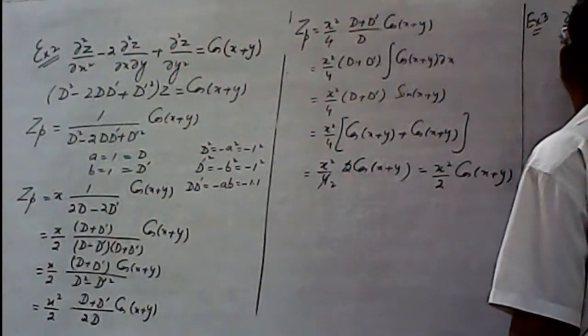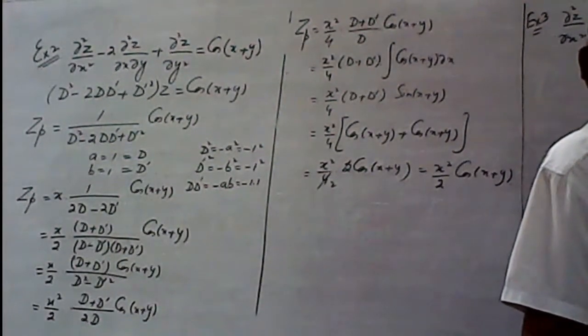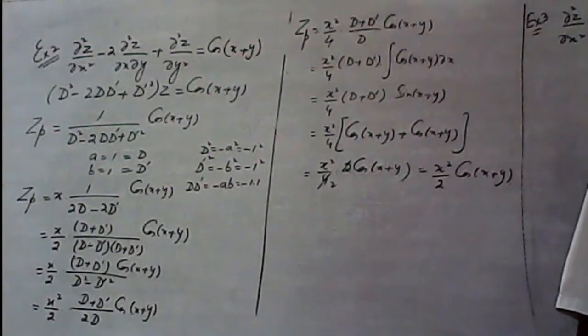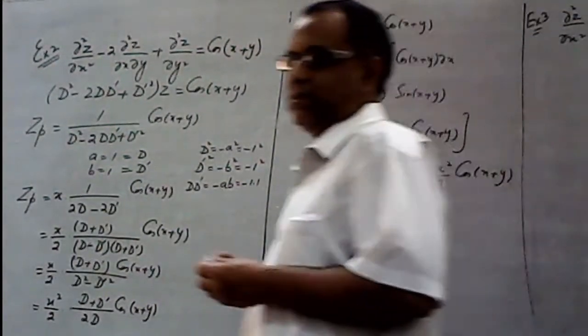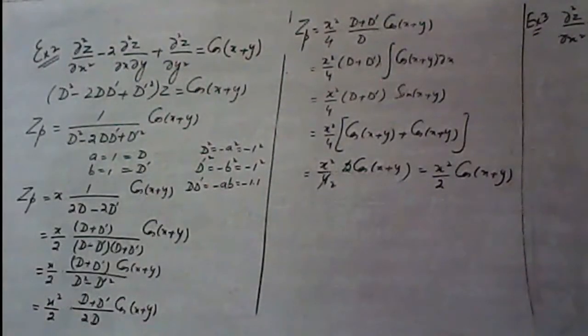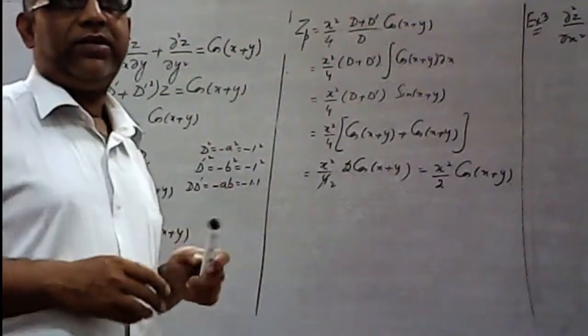Partial 2z over partial x square minus 2 partial 2z over partial x partial y plus partial 2z over partial y square is equal to sine x. What is the difference in example 2 and 3?